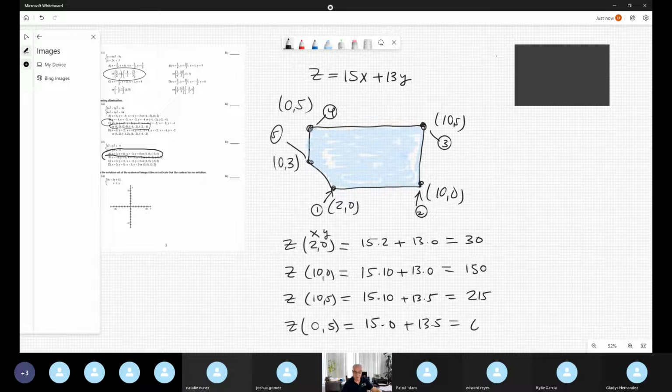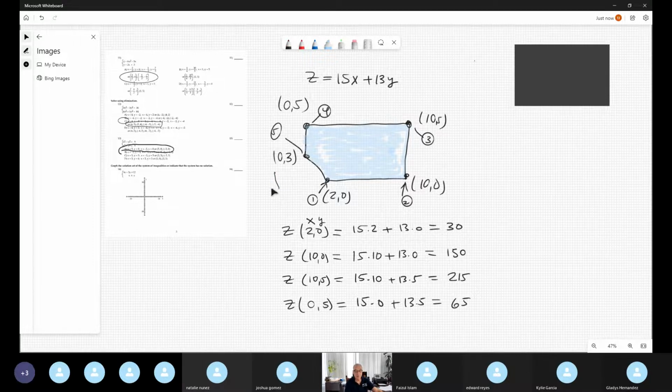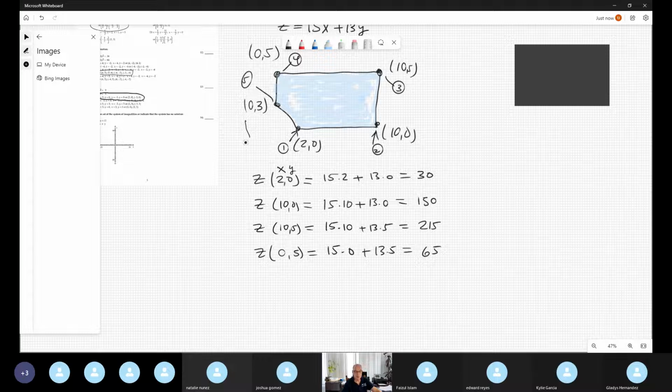Okay, 65. Now the last point we evaluate is 0,3. 15 times 0 plus 13 times 3. Okay, 39. Well, it's obvious. Okay, this is the maximum.